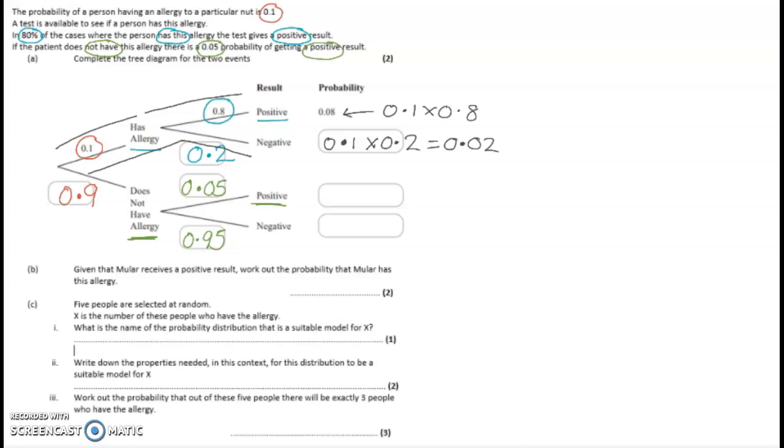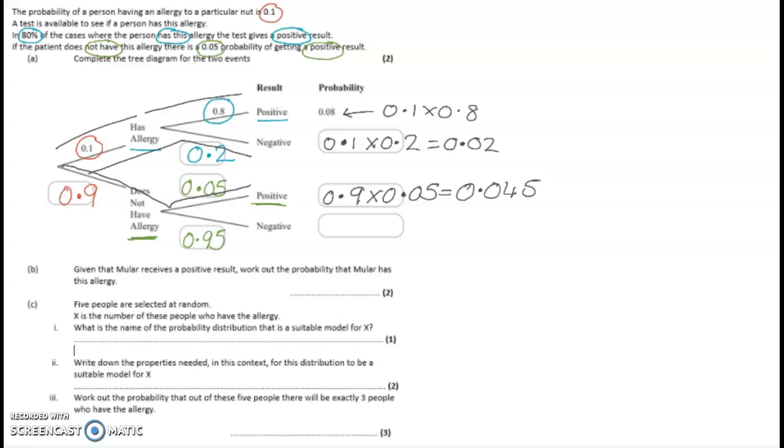For the next box, I am going to say that I do not have the allergy, but I get a positive result. And that is going to be 0.9 times 0.05. I can't do that one in my head, so I'm going to use my calculator to give me 0.045.